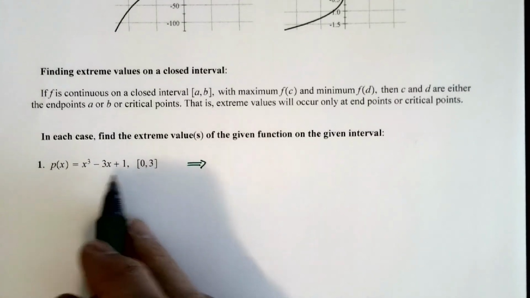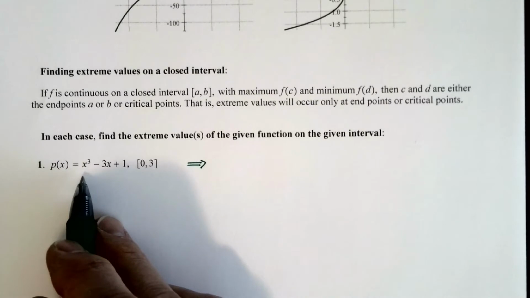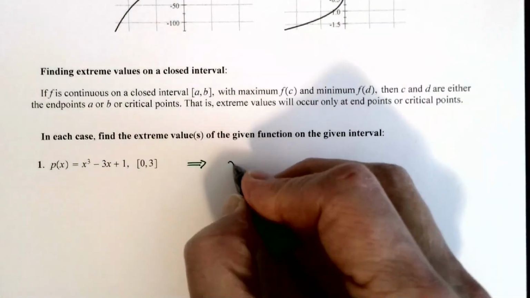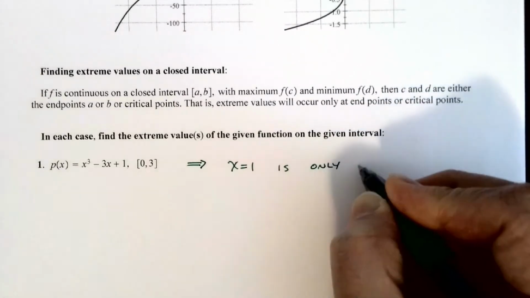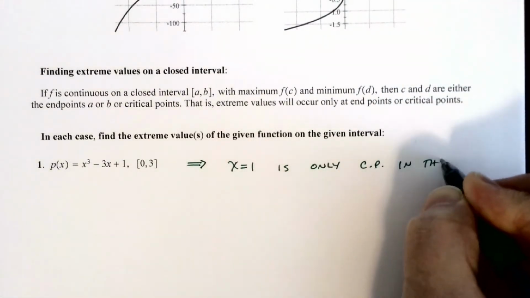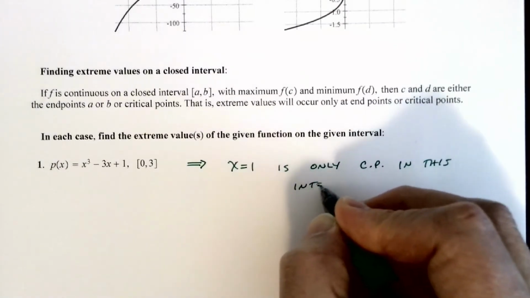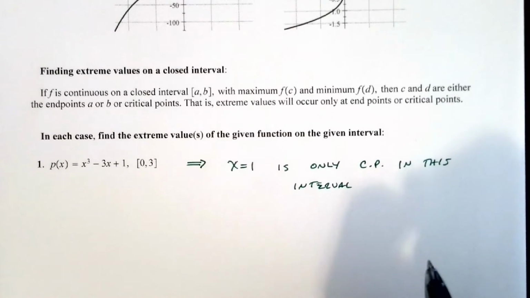I'm looking for the max and min just between 0 and 3. You don't want to go back to -1 to check. So x equals 1 is the only critical point in this interval. And just see the previous video, part 1, where we calculated these critical points.